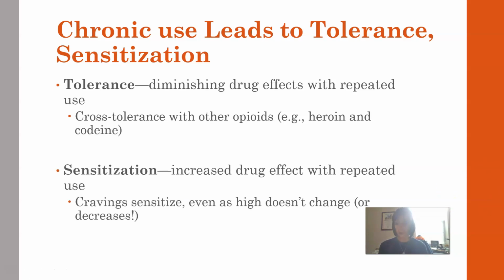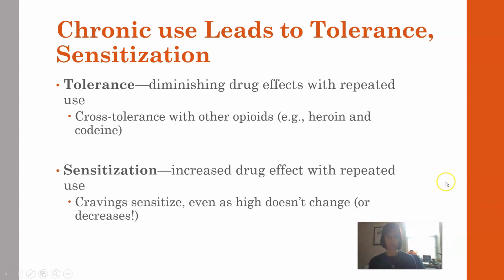In addition to developing tolerance, with repeated use we do occasionally experience sensitization. This is the increased effect of a drug with repeated use. Generally, sensitization with opioids will most often occur for cravings.